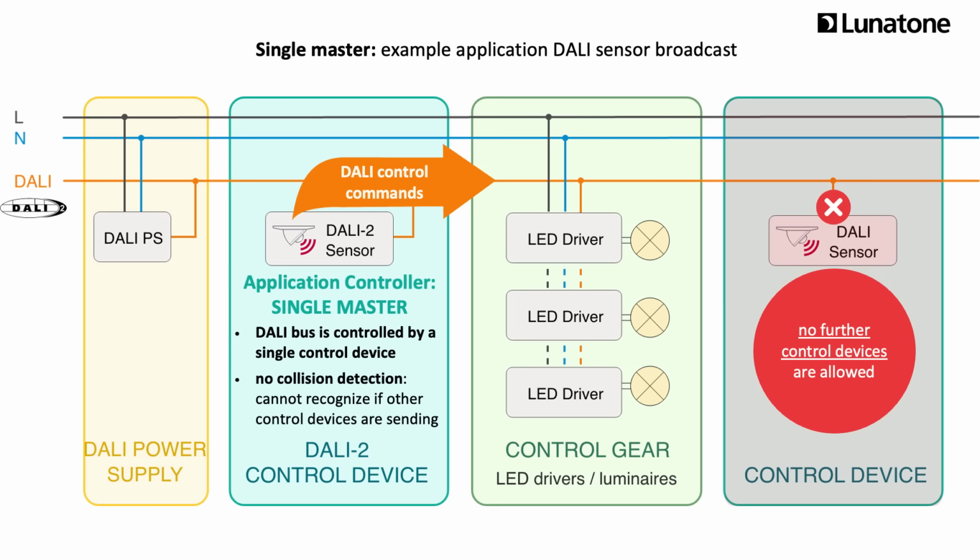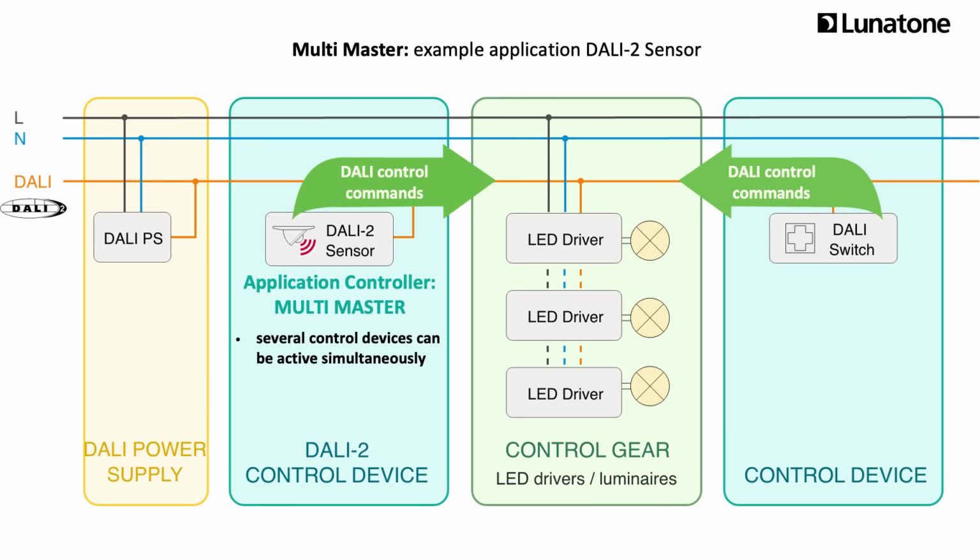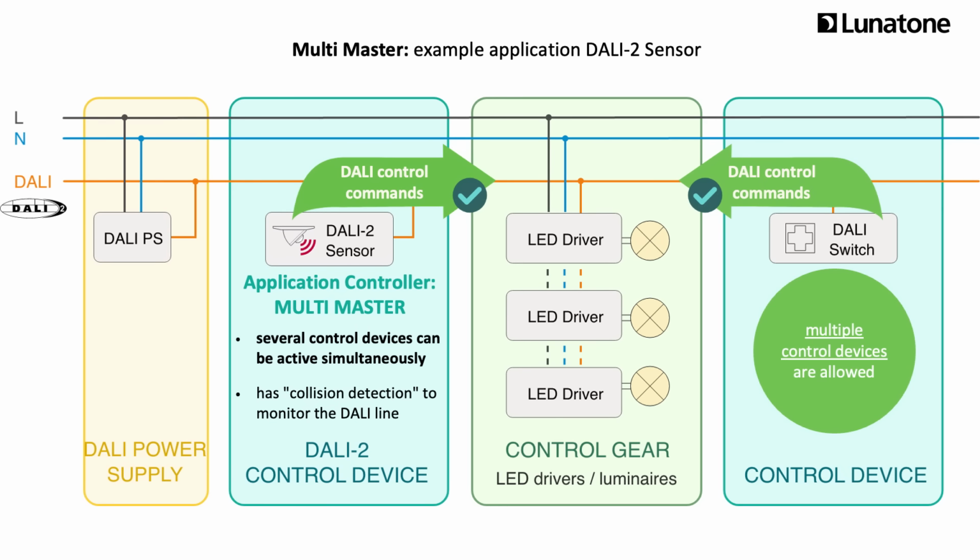Next to the single master, there is also a multi-master application controller. When using multi-master, several control devices can be active simultaneously, controlling the luminaires on the same DALI line. The controllers have a collision detection to monitor the DALI line and only send when it is free. In general, multi-master control is not something new.